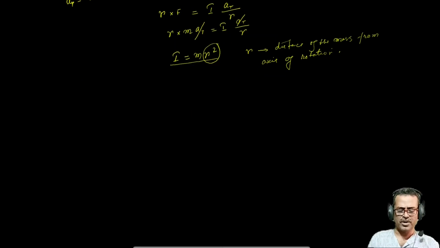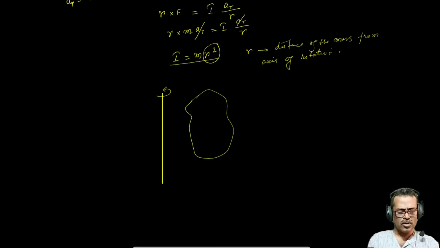Now, considering a body that is rotating about this axis, different masses are at different distances from the axis of rotation. That body consists of infinite numbers of point masses, and all masses have a specific distance from the axis of rotation.